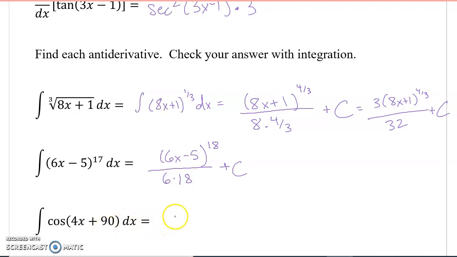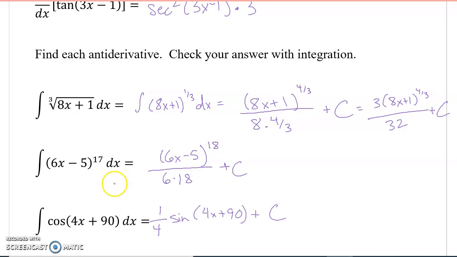Well, the cosine integrates to the sine, and the argument never changes, 4x plus 90. But if I take the derivative of this answer, I would get 4 times the cosine of 4x plus 90, but I don't have an extra 4 out front, so make sure you divide by 4 to undo that chain rule.